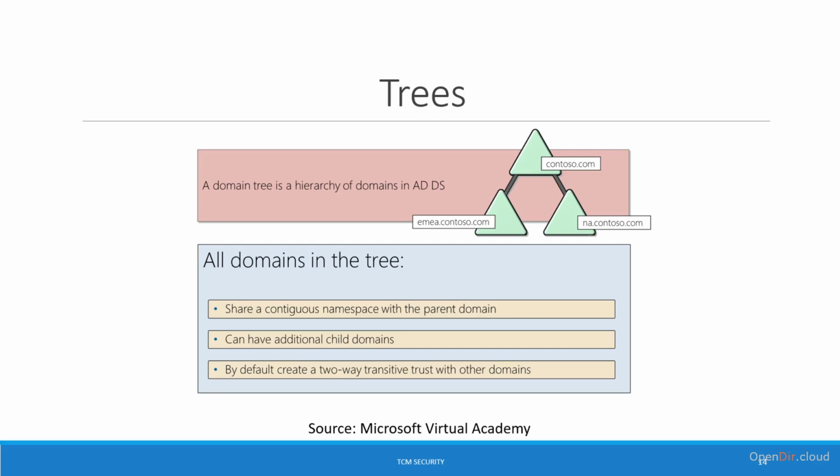And we have a division in North America, so we've got na.contoso.com, and then we have a European, so we have emea.contoso.com. So when we have trees, we have this parent, and then we've got these children when it comes to domain. And they have what is called a trust with them that is two-way transitive. And we'll talk about trust here in just a little bit. But just know that you have the parent, and then you have the children, and they share namespace, and they share some trust between them.